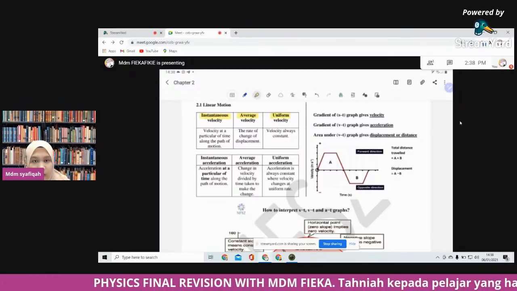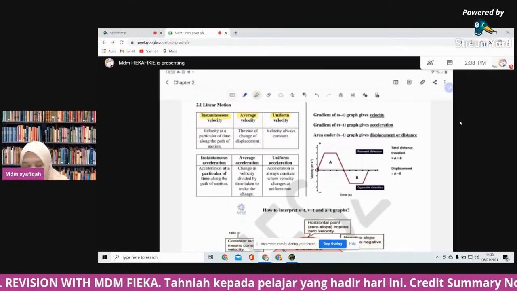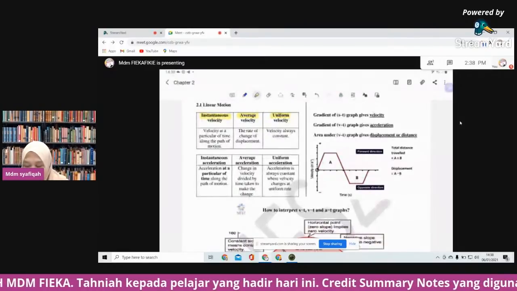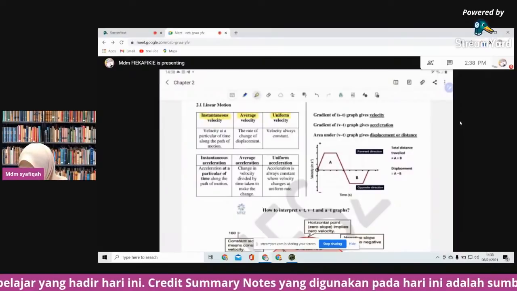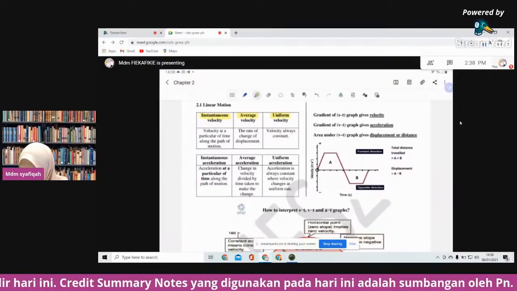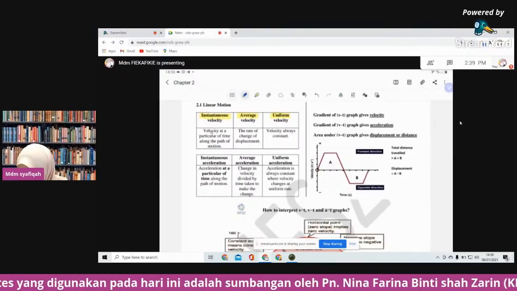Alright, so now when we look at subtopic 2.1, we have instantaneous velocity, average velocity, and uniform velocity. So what is the instantaneous velocity? It's a velocity at a particular time.